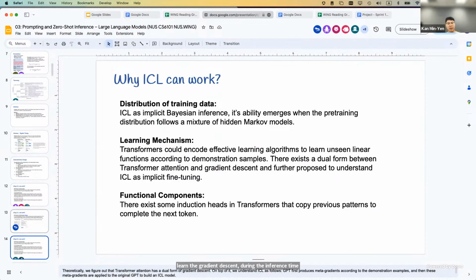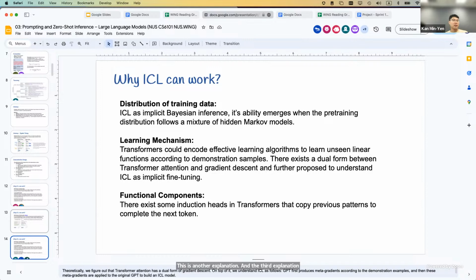For example, they're saying that GPT can produce a meta gradient according to the demonstration examples, and this meta gradient will be applied to the original GPT to build the final output. They built an experiment to observe that the change in the attention weights is in the same direction as when you are fine-tuning GPT with the gradient descent approach. This is another explanation.